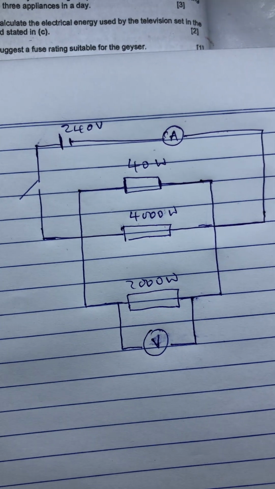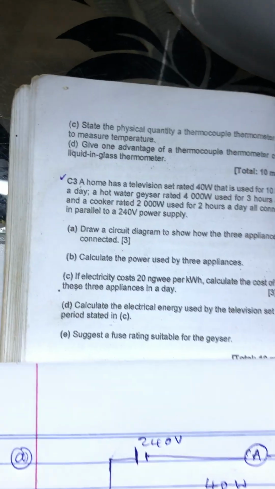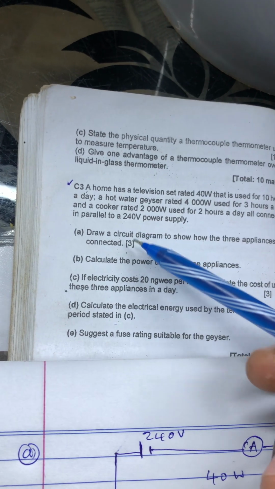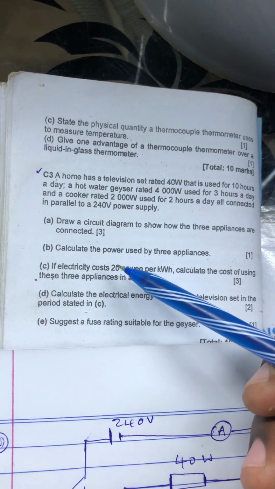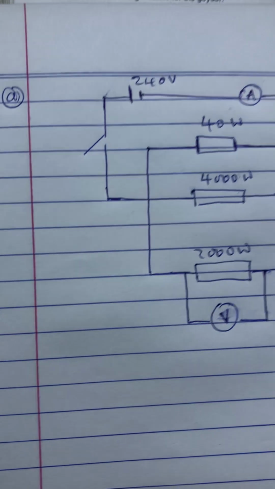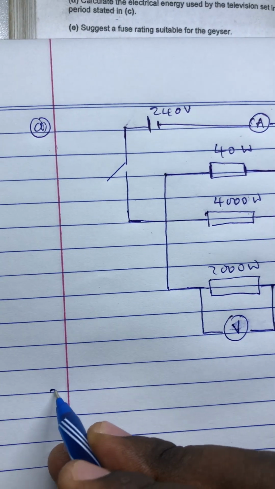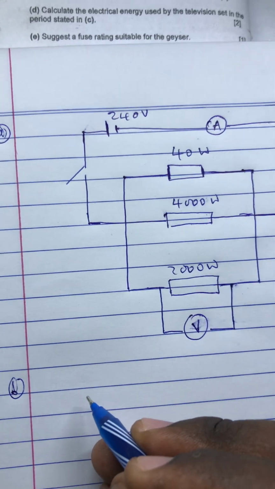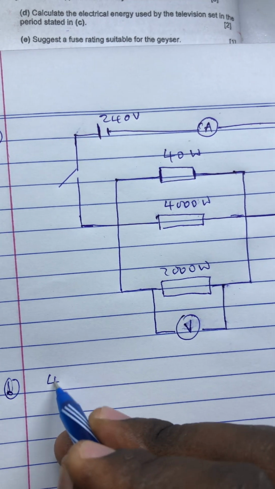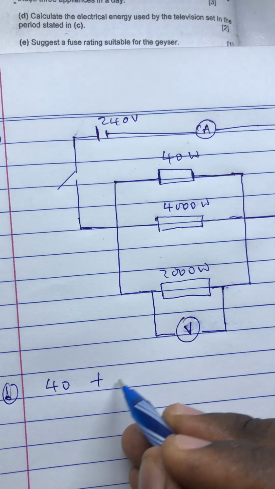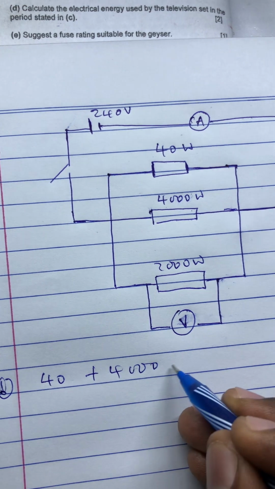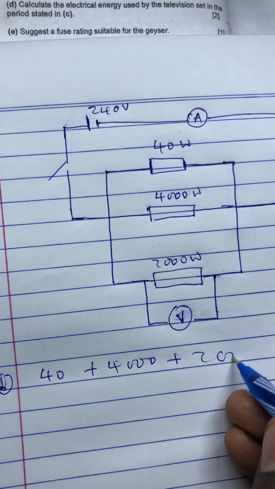Let's go to B. Okay, so B, A we've already drawn. Calculate the power used by 3 appliances. We're calculating the power. So what do we have? We have 40 plus 4000. We also have 2000.